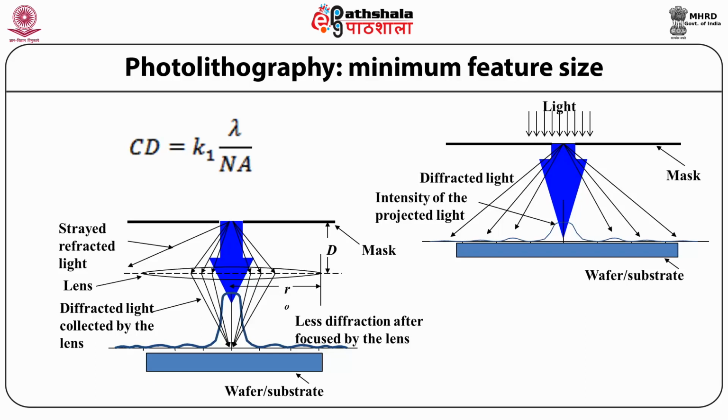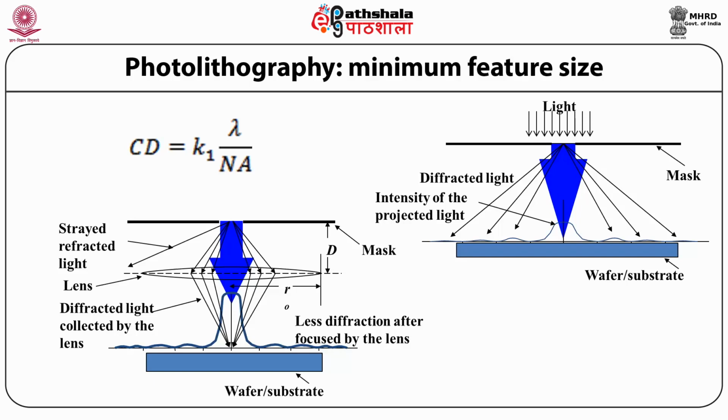Now this figure shows the light diffraction in the photolithography setup with and without the lens. In the case of without the lens, the exposure system typically produces an image on the wafer using a photo mask which blocks the light in some areas and allows it to pass in some other areas.